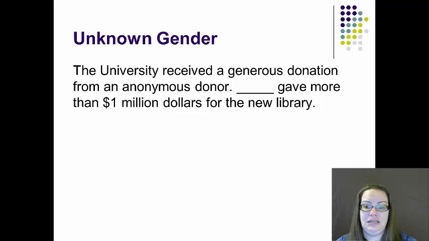One option is that we could say, the university received a generous donation from an anonymous donor. He or she gave more than $1 million. Another option would be to use either he or she. I guess we could use it, it gave more than $1 million to the new library, but that seems to have a feeling that it's not really a human.